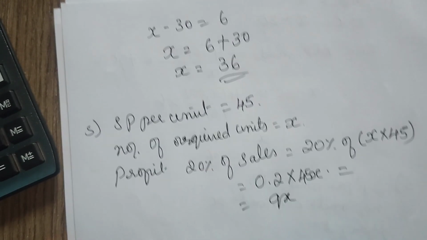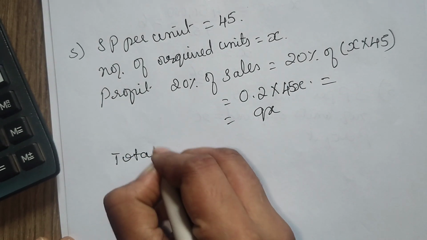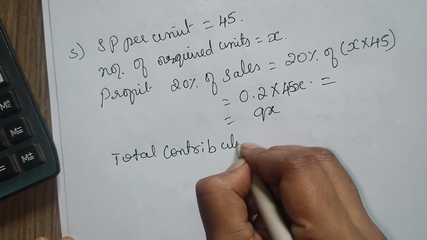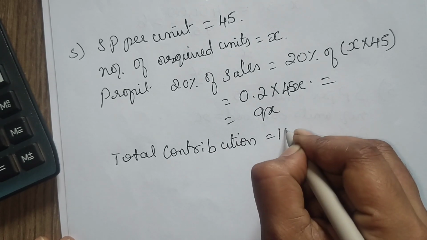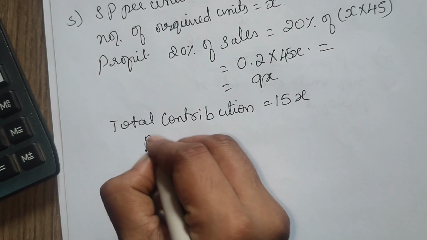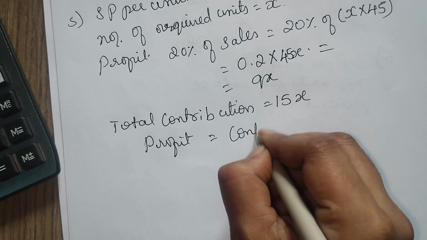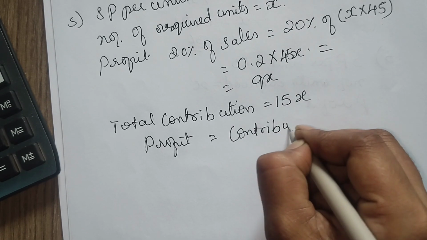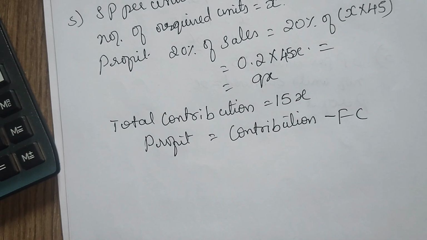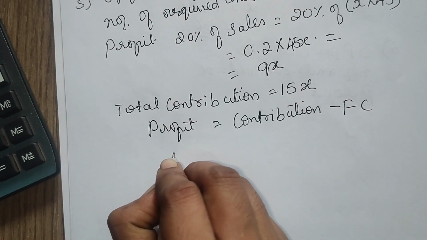9x. Then total contribution is 15 into x, 15x. Profit is contribution minus fixed cost. Fixed cost we know. What is the profit?